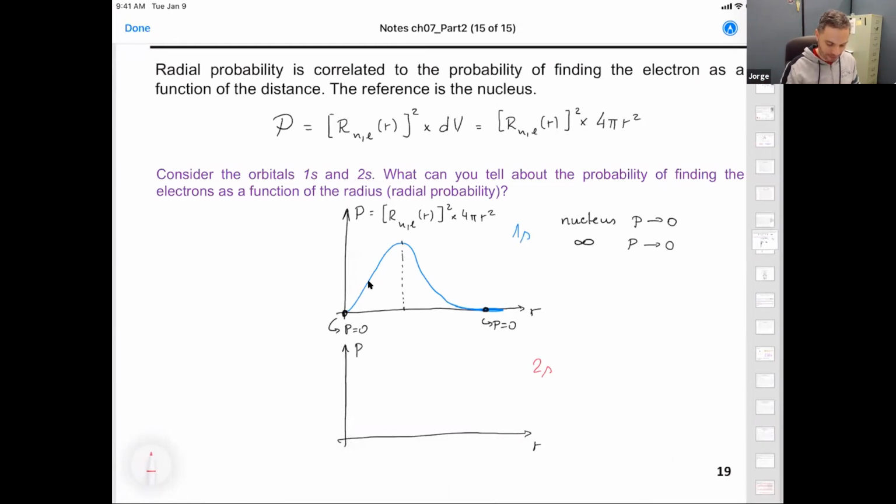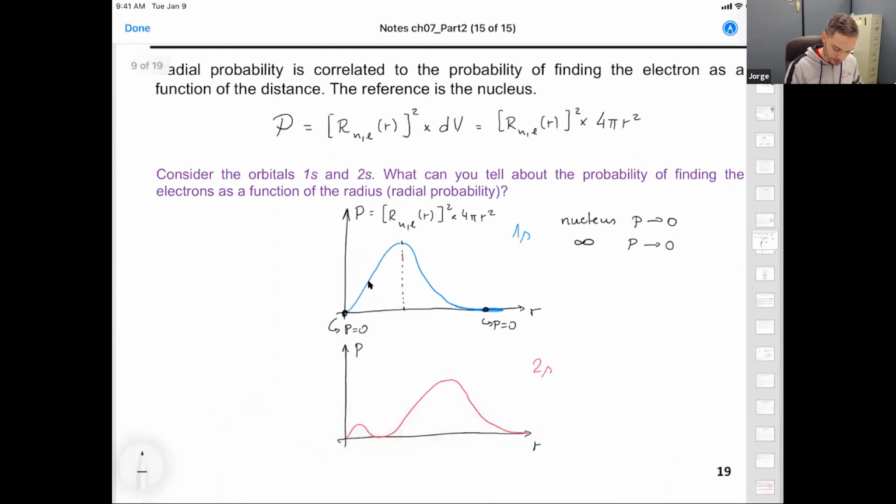And if we graph the wave function for the 2s orbital, we are going to get a little hump here, and then a higher probability as a second hump. And when it tends to infinity, the probability is going to tend to 0.